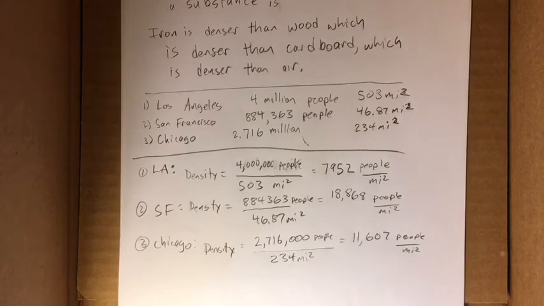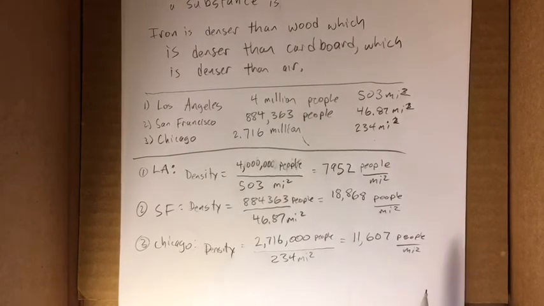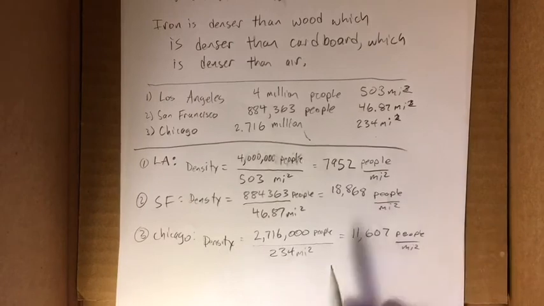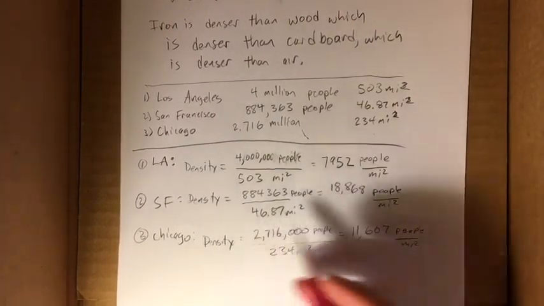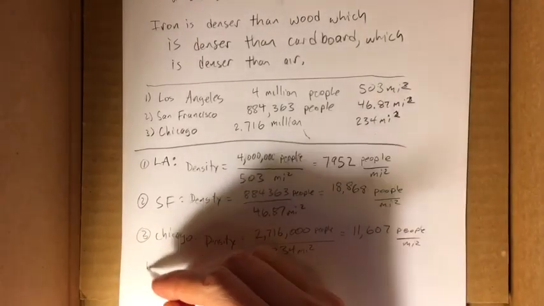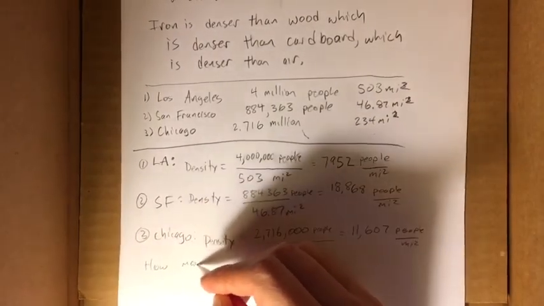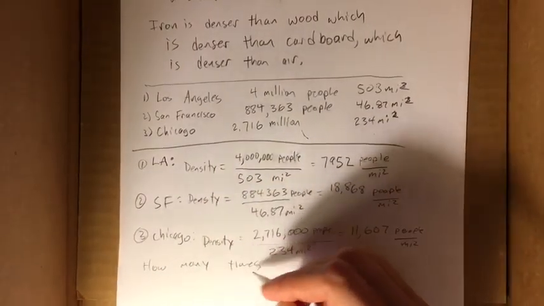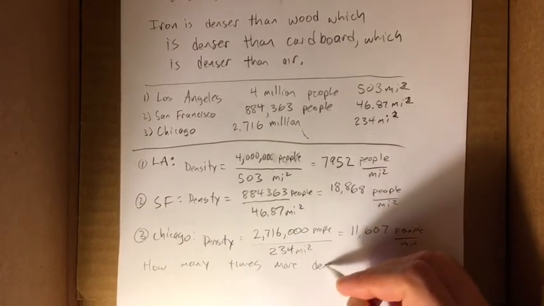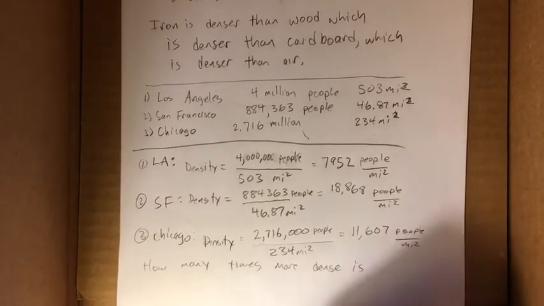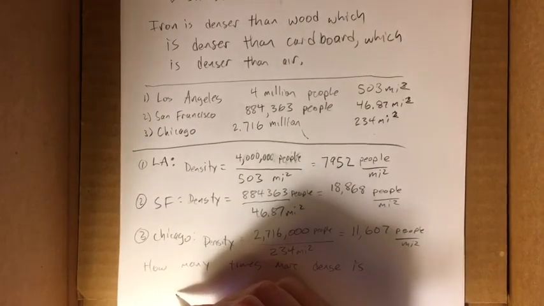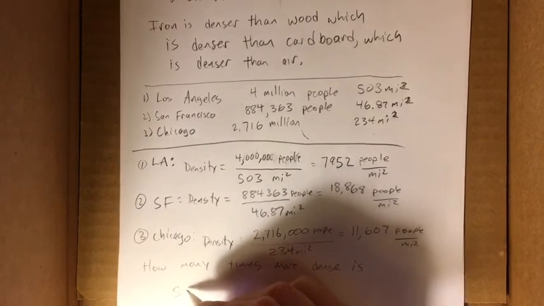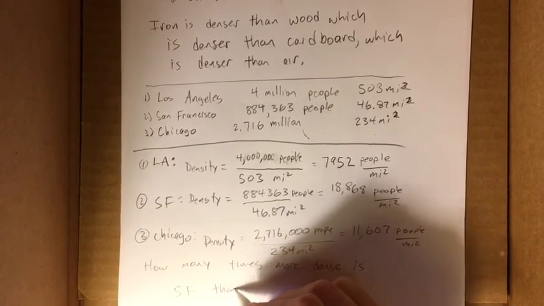And if you wanted, you could figure out, well, how much bigger is one than the other? How much more dense is, let's do the smallest, which would be LA. How many times more dense is, let's say, San Francisco than LA?